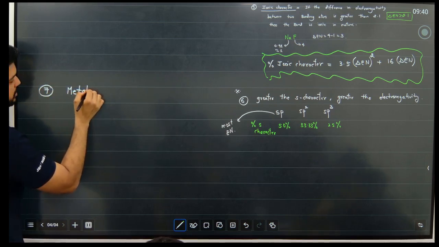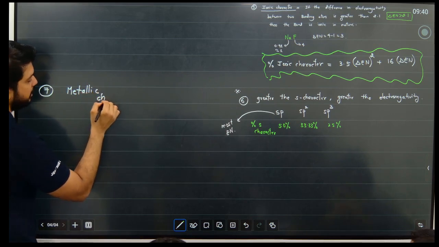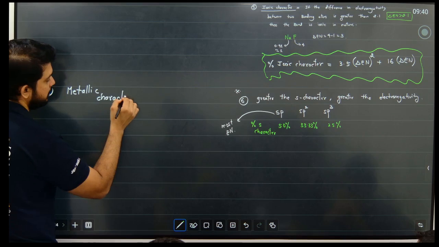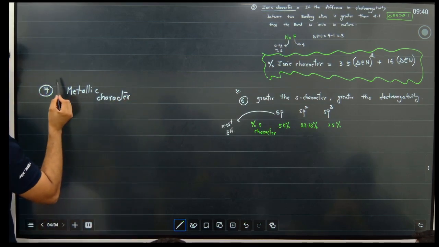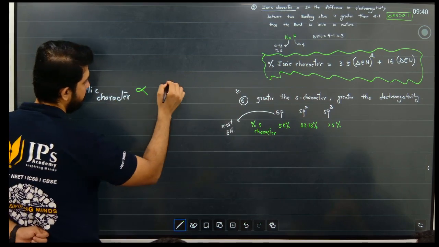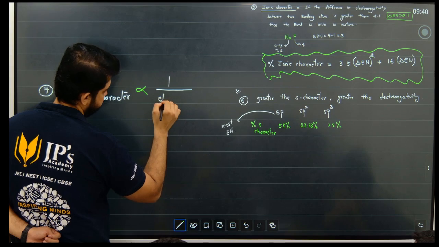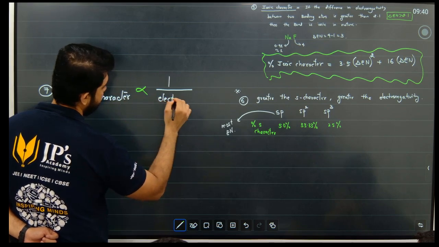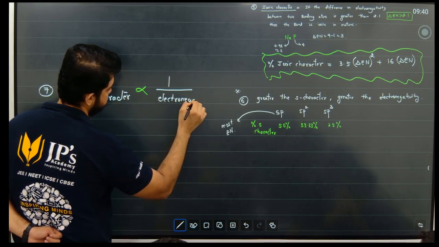Next. Can someone give me the relation between metallic character and electronegativity? जितना ज्यादा electronegativity उतना ही कम. So I can say metallic character is inversely proportional to electronegativity.